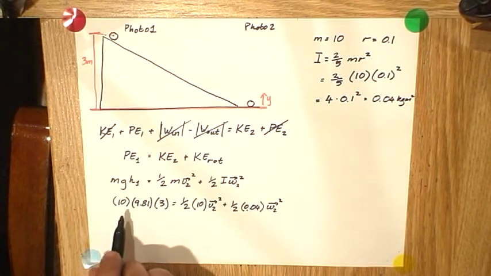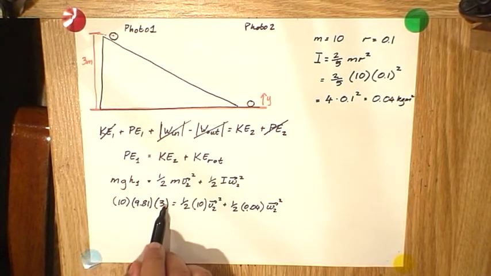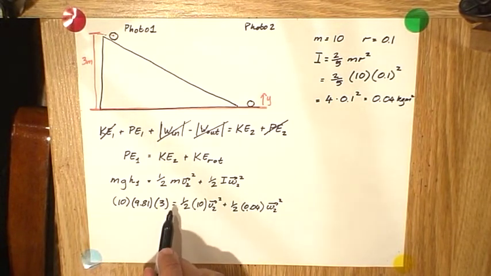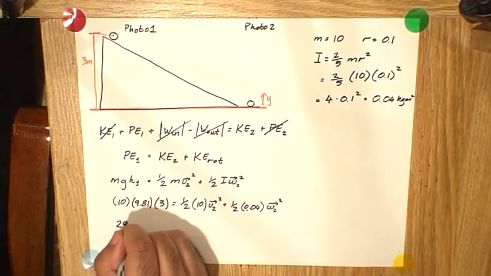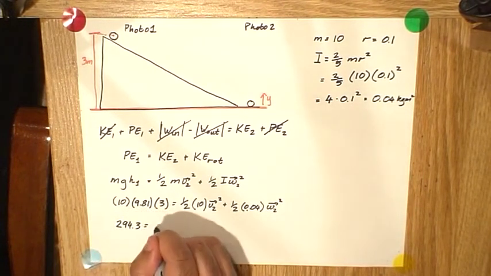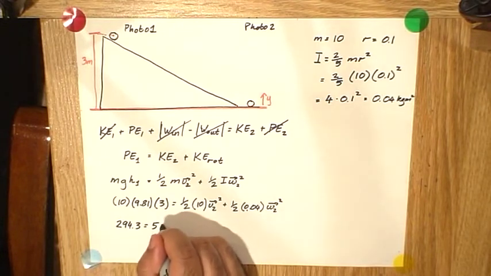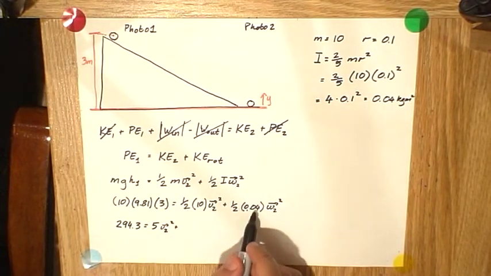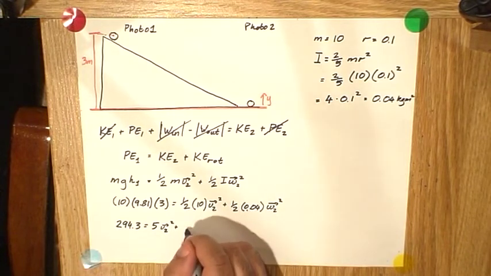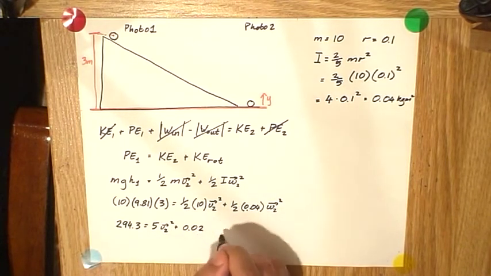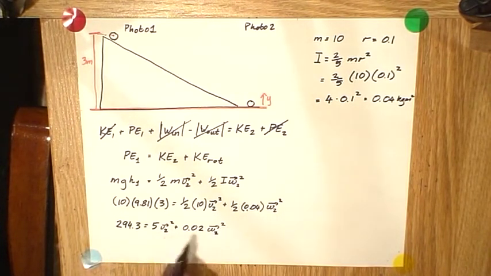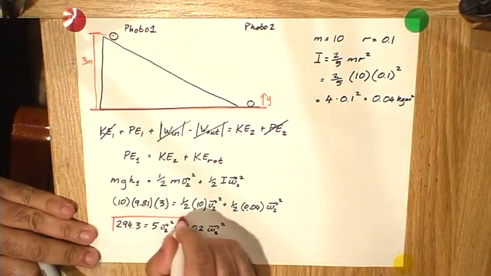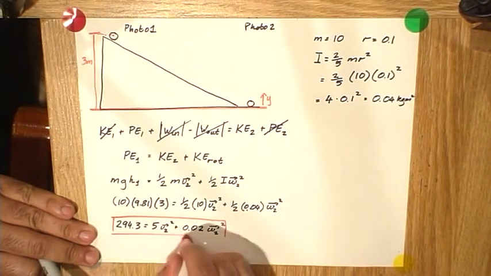Okay, so 9.81 times 3 gives us 29.43, times 10 is going to give us 294.3 is equal to 5 times v2 squared plus half of 0.04 is going to be 0.02 omega 2 squared. So now it looks like we're stuck. We have one equation, but we have two unknowns. How do we proceed from this point?